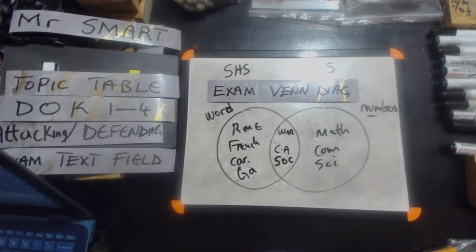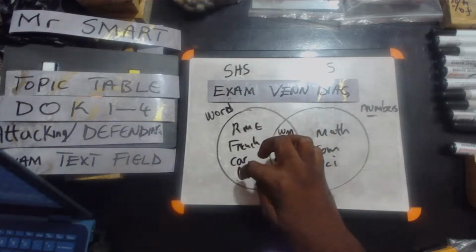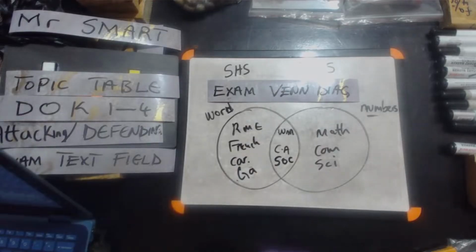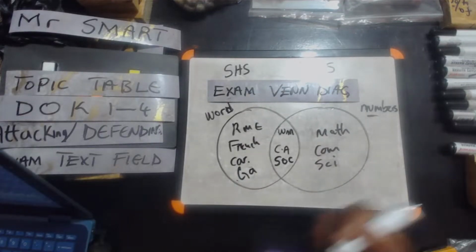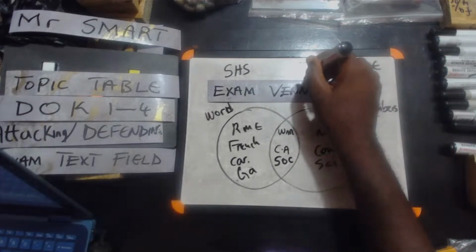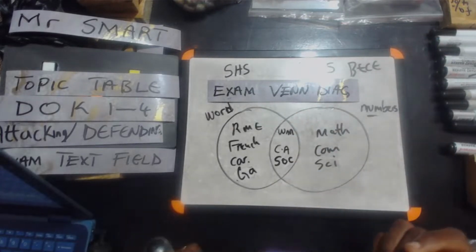And then, yes, so these are the typical 1, 2, 3, 4, 5, 6, 7, 8, 9, 10. Yes, these are the 10 subjects that you're going to be writing in the BECE if you are in JHS. Yes.